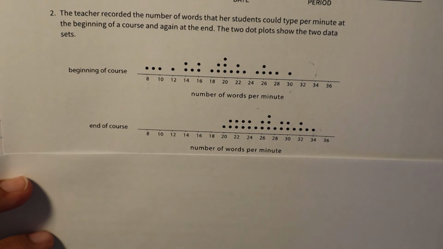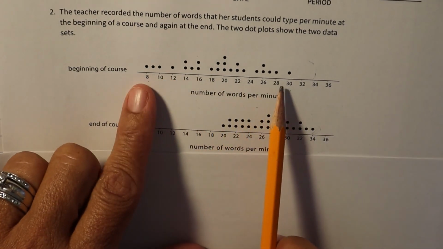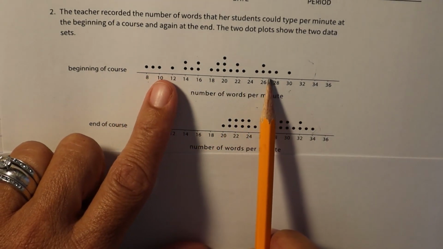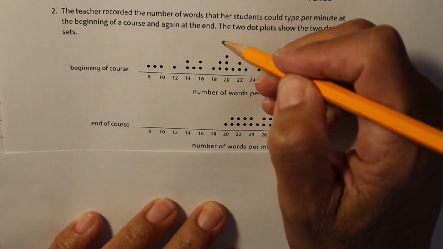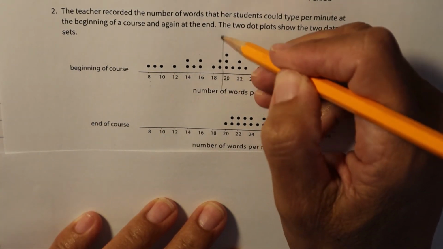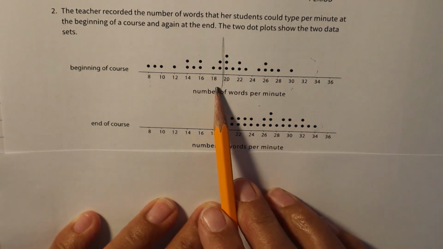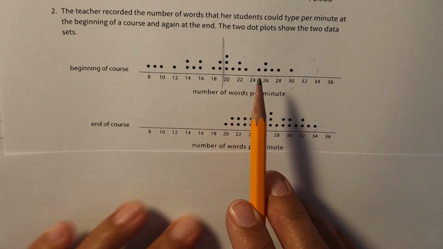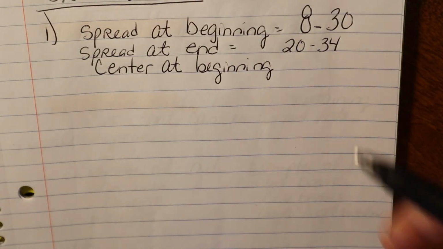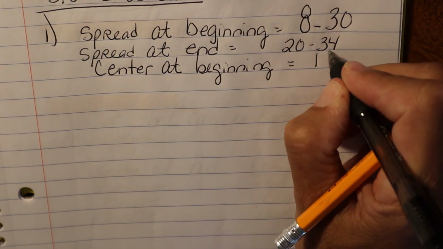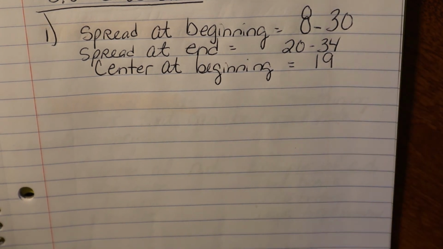So if I'm looking at this, it's really spread out. And if I had to guess, maybe the middle would be somewhere in between, like the 18 and the 20 would be a good estimated center. So I'm going to come back here and say the center at the beginning was 19 words per minute.